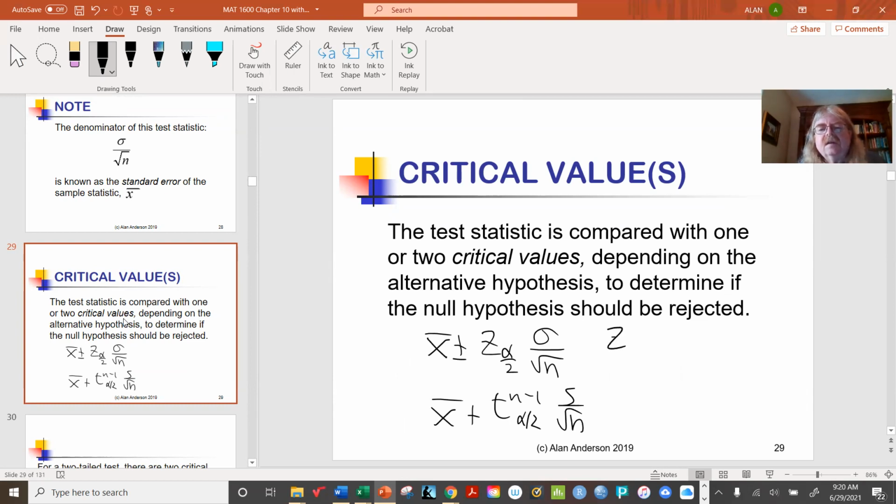This value was referred to as a z-score, but in this particular context it's more often called a critical value.